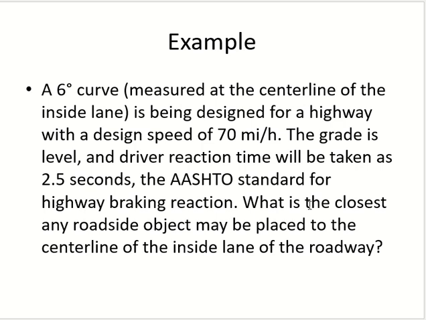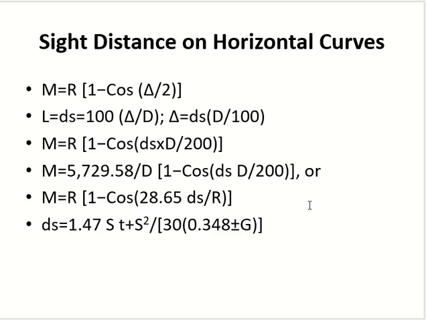Clear? Okay. So 6-degree curve, speed of 70, and the perception reaction time 2.5 seconds. They want to find out how much an object should be from the road on the curve. So first of all, I will calculate my sight distance. My speed is 70. My t is 2.5.